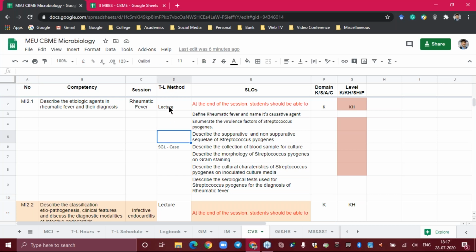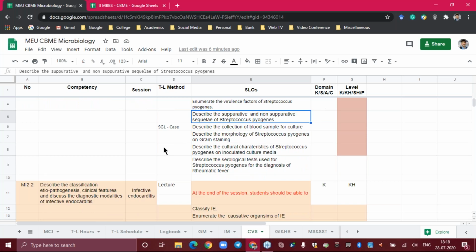That is what I said, right? So for example, rheumatic fever, one lecture, and you talk about some objectives. Then you have another session, that is small group learning, a case discussion, and you have got objectives, right? So that is how we need to plan it out.